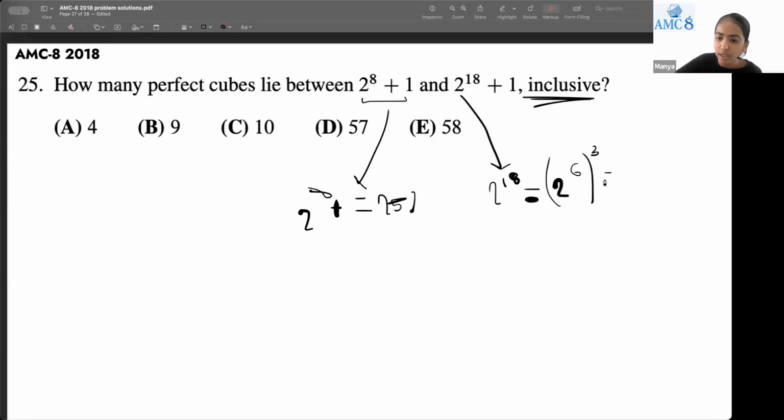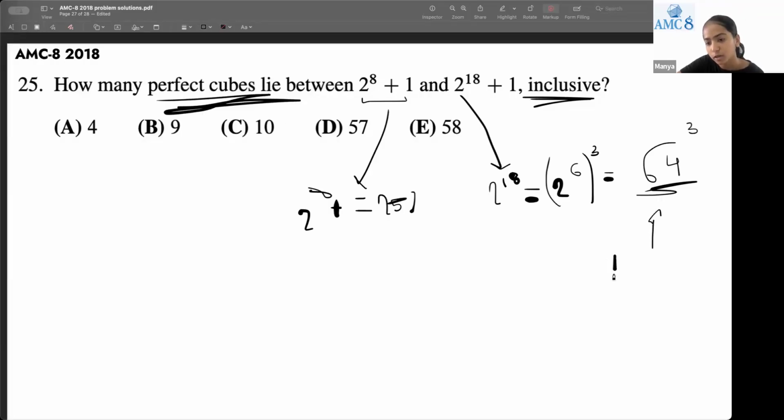And 2 to the power of 6 is going to be equal to 64, so 64 to the power of 3. So that gives us that 64 is the largest possible cube that fits below 2 to the power of 18 plus 1. So I'm going to write largest here.